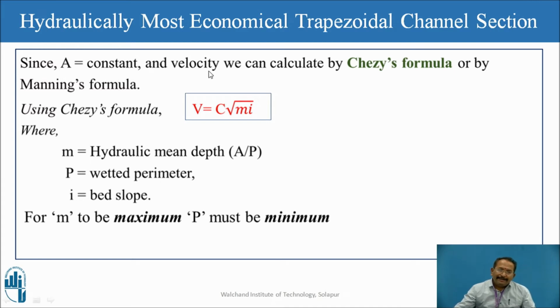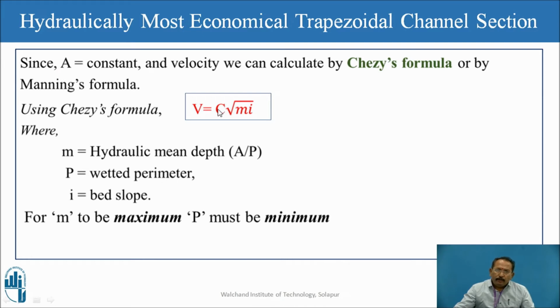By using Chezy's formula, which we have just seen, V is equal to C under root RS, or V is equal to C under root mi. Here I have taken some changes: m is hydraulic mean depth and i is slope. Previously we used S.